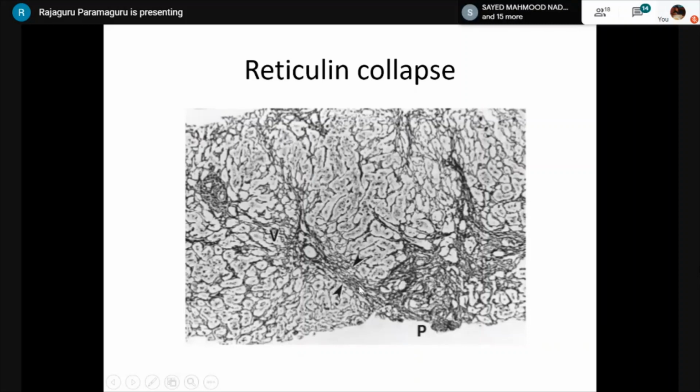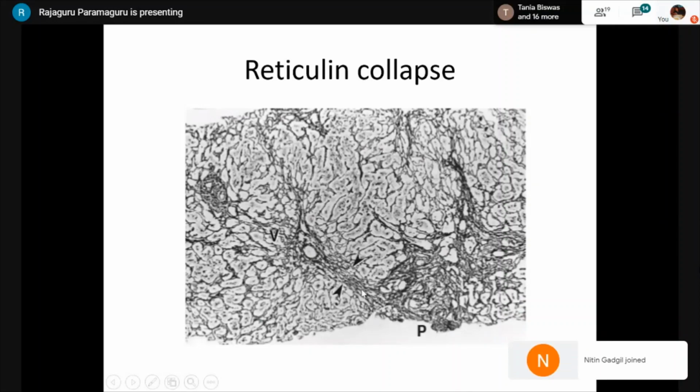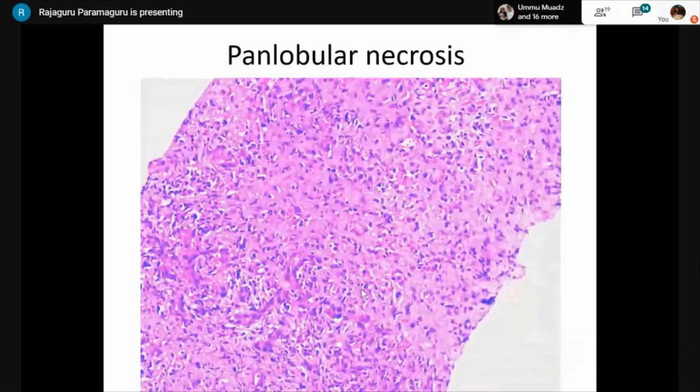They are just looking exactly like those in the surrounding normal hepatic parenchyma. So similar reticulin fibers will be here. Whereas in a fibrosis, the reticulin fibers will be more darkish or blackish stained. So with that you can differentiate.